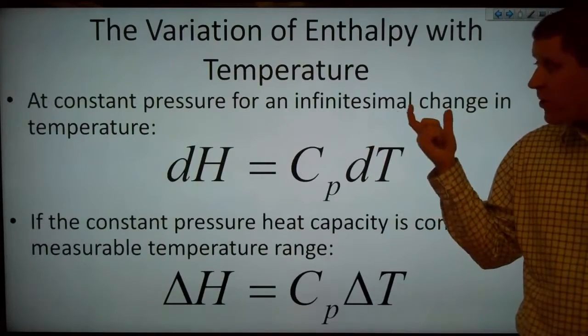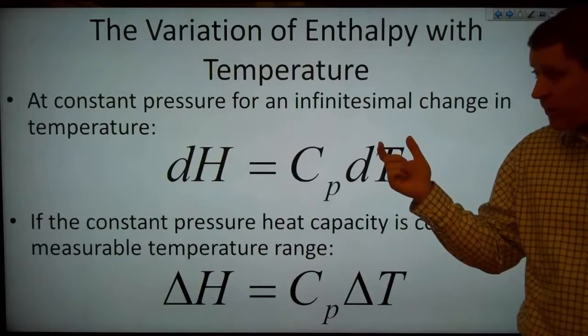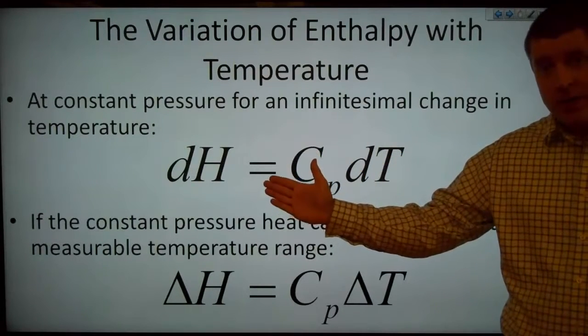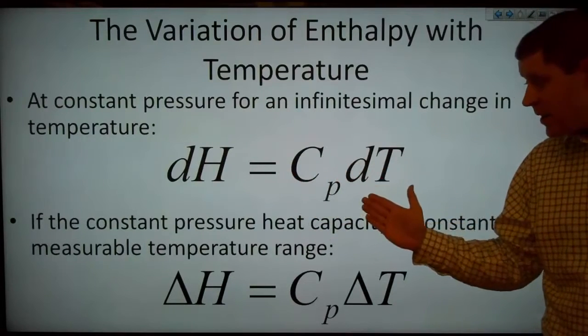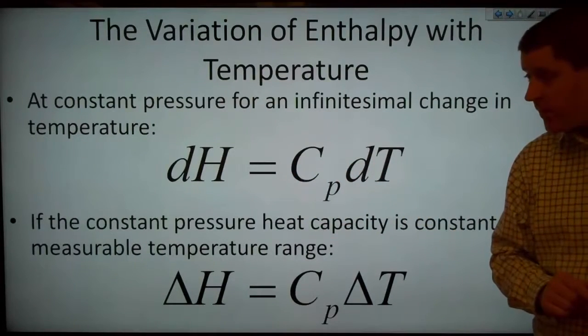At constant pressure for an infinitesimal change in temperature, we have dH, the infinitesimally small change in enthalpy, equal to Cp times dT.